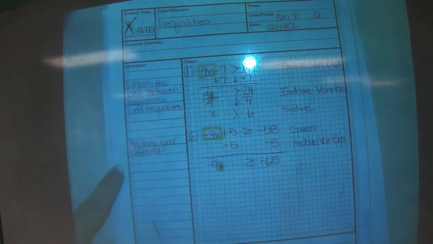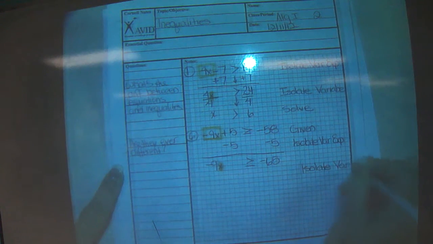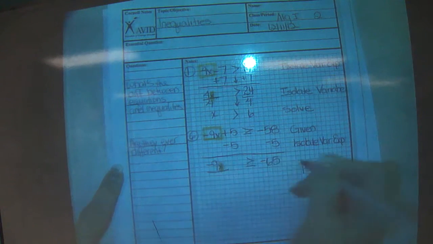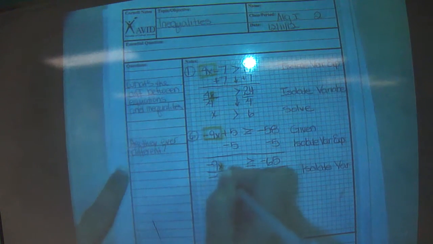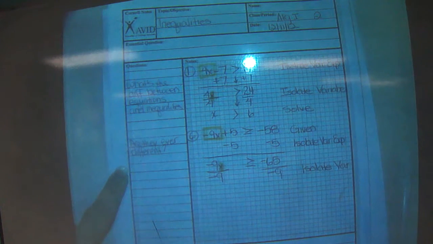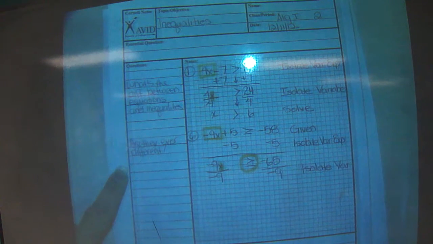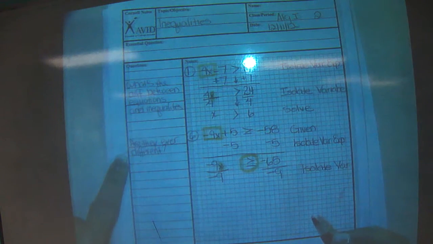Now we want to isolate the variable, and this is where it becomes tricky. To do so, we are going to divide both sides by negative 9. When we multiply or divide by a negative number, it affects the inequality.